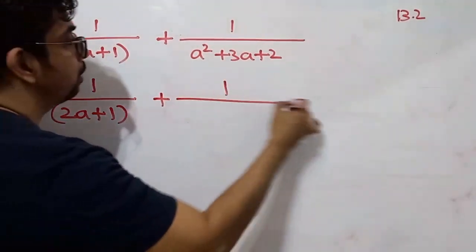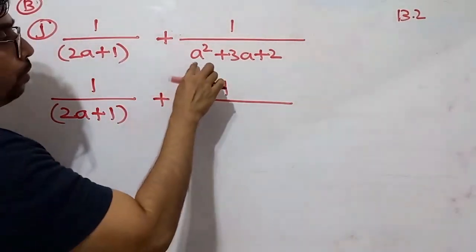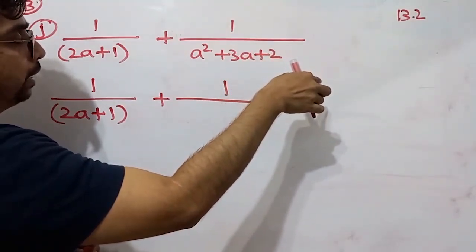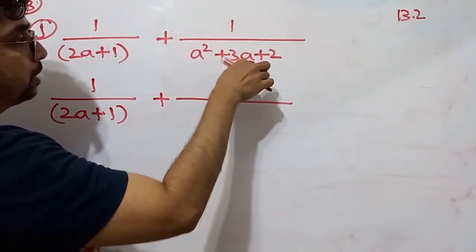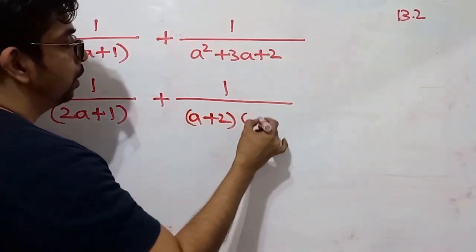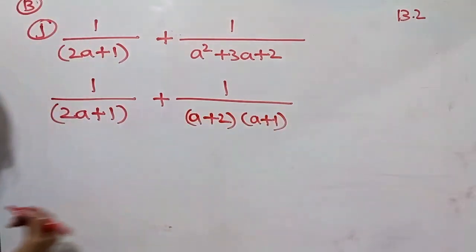plus 1 divided by, so when we multiply these two terms together, we get 2a squared. Then the middle term is 3a. So (a plus 2) and (a plus 1).